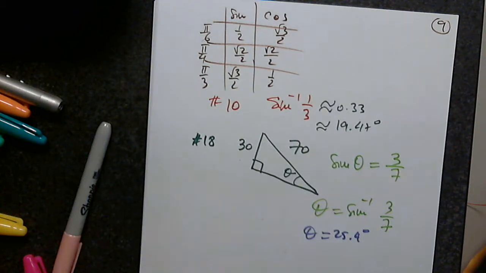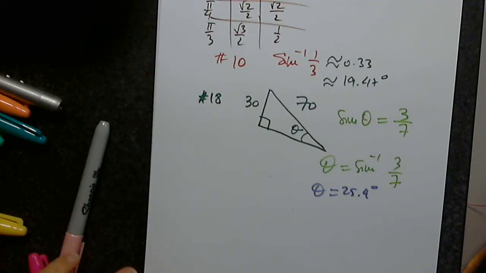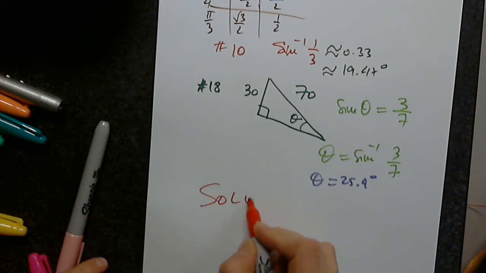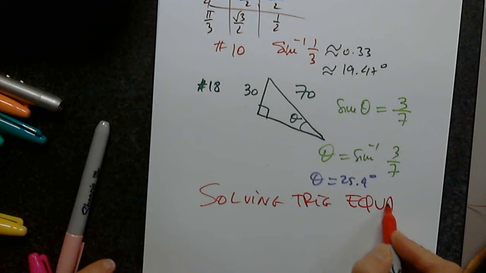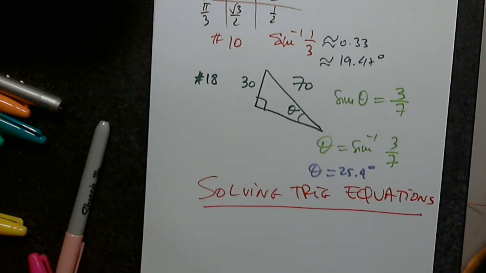Now, the next set is a very important type of problem. It's the basics of solving trig equations. We will come back to this extensively in chapter 7. So let's start with it now. Okay, 21.